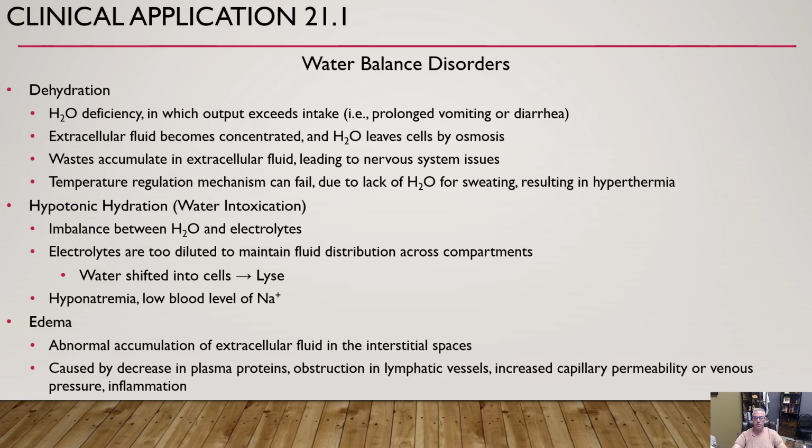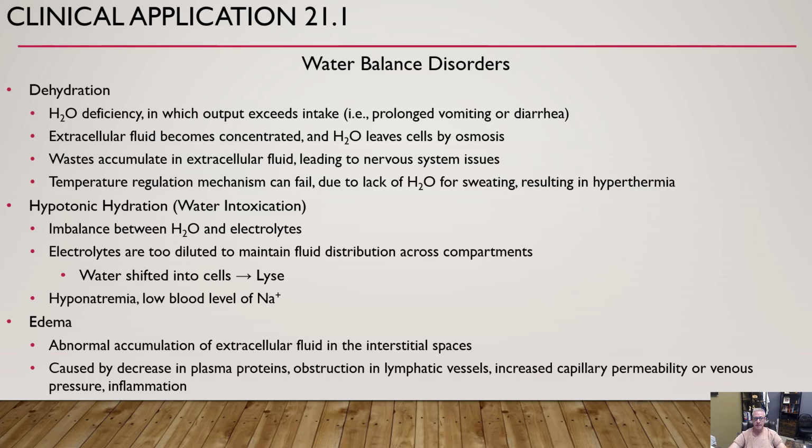And if you remember way back when, we had this example of what happens when you place your red blood cells in an isotonic fluid, a hypertonic fluid, and a hypotonic fluid. And this is what happened: she ended up drinking this water and placed her body into a hypotonic situation.